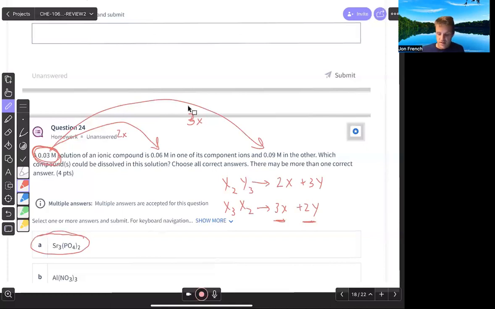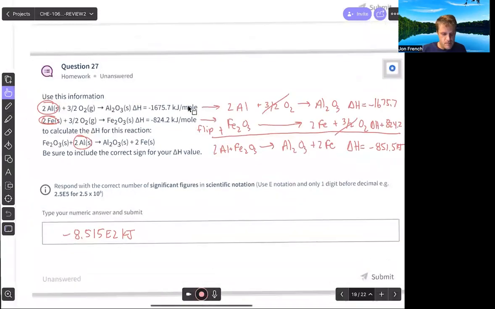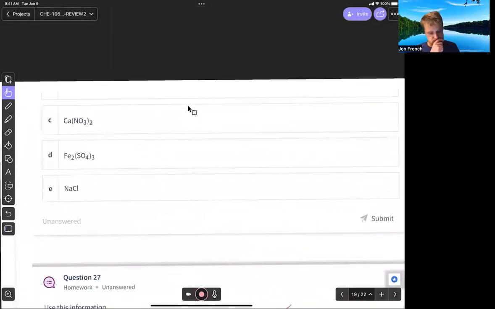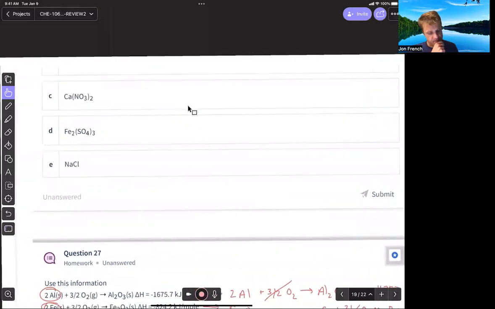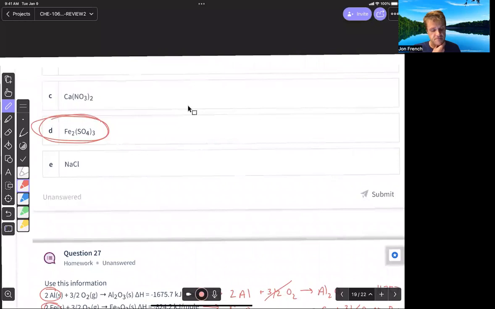The phosphate would be 0.06 molar. And then there's one more that fits this formula on the next page as well. Right, the iron sulfate also fits that formula because it's a 2-to-3 ratio for that one.